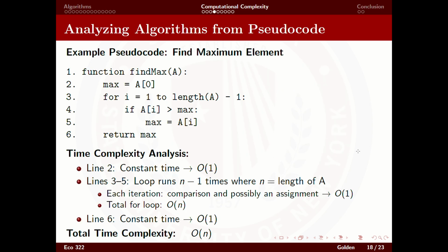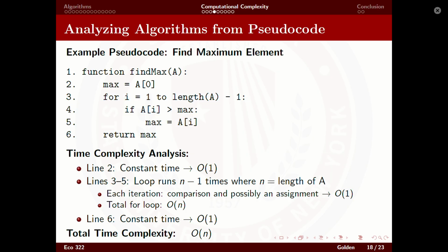Standardizing algorithms from pseudocode: function find max. Max equals a of 0, for i equals 1 to length of a minus 1. If a of i is greater than max, max equals a of i. So you're just comparing each pair. This line runs in constant time. This loop runs n minus 1 times.